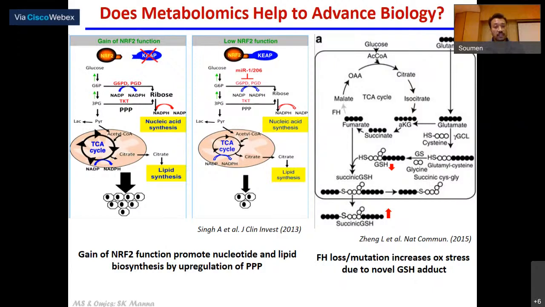So it is just by increasing this pentose phosphate pathway flux, which is a metabolic event, that it is not only helping the cells to proliferate, but also allowing them to reduce toxicity from both reactive oxygen species as well as drugs by helping drug efflux.